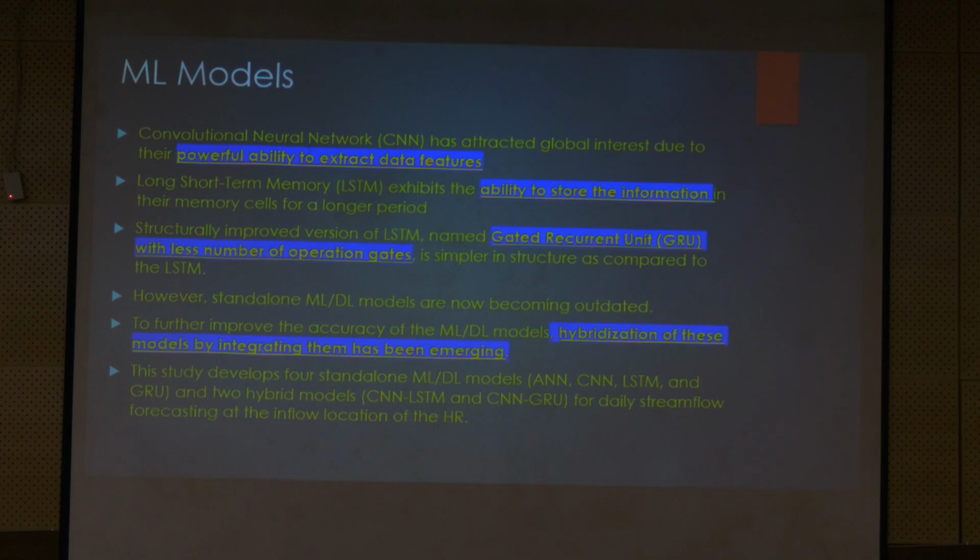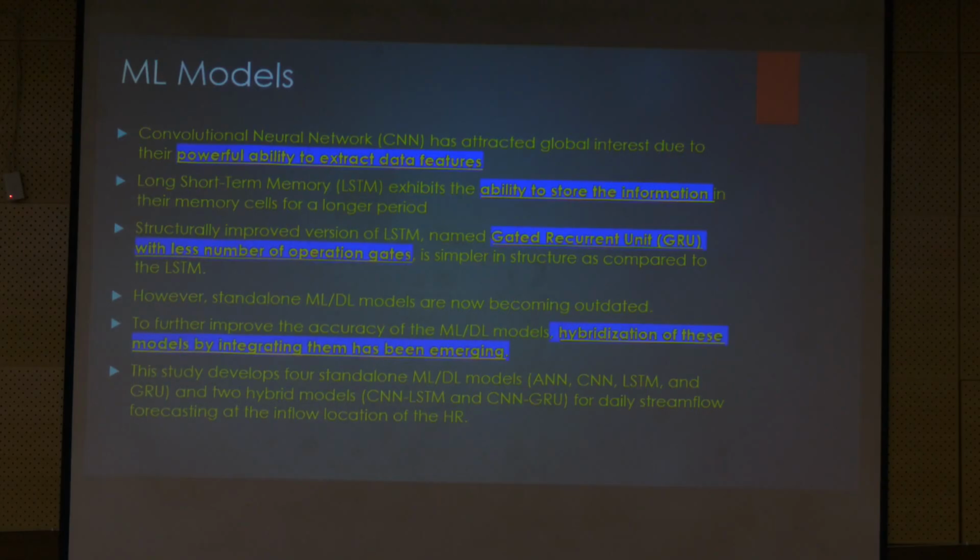So, if you want to combine the data features captured by CNN with another machine learning algorithm, LSTM, that captures for a longer time, that is a good combination. And then of course, a structurally improved version of LSTM named gated recurrent unit, GRU, with fewer operation gates, simpler in structure as compared to LSTM, is what people are using.